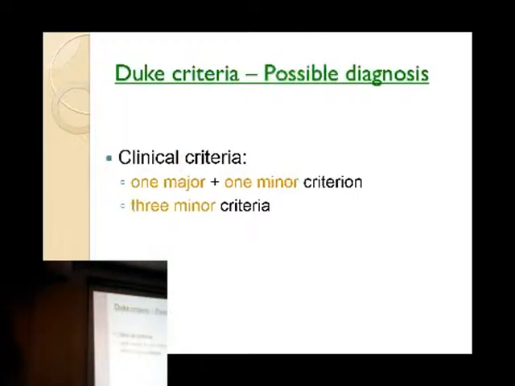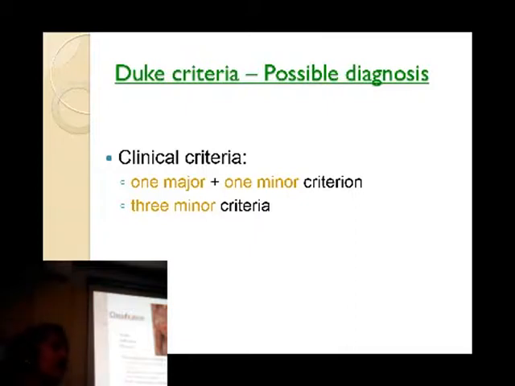So when it comes to a possible diagnosis, this is the combination: clinical criteria, 1 major and 1 minor criterion, or 3 minor criteria, taken as a possible infective endocarditis case. Now I will take you back again to the old days. The classification of infective endocarditis in the past was acute, subacute, and chronic.